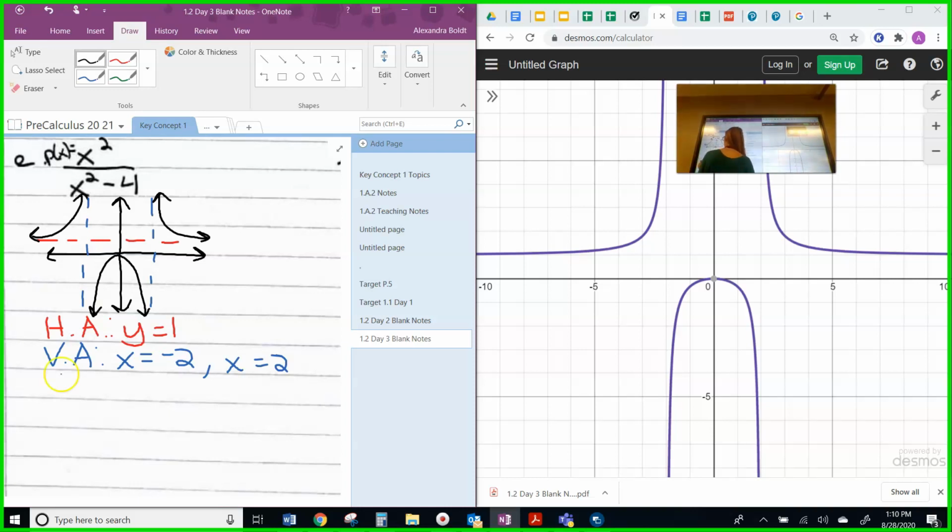Okay, so then the last thing we have to do for this is our end behavior. What's happening on the left? As I go to the left, again, I'm getting closer and closer to that line, which is at 1.